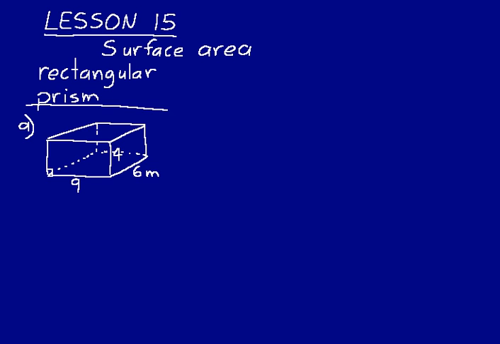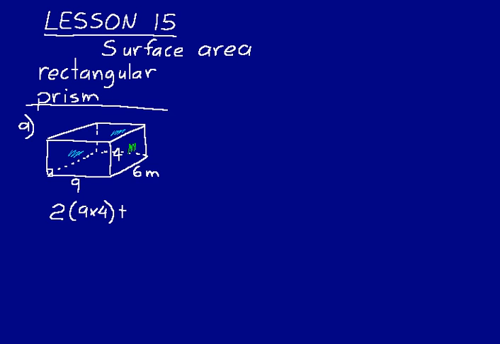For example, this front face here, I'll put a blue mark on there, and the back face, those both have the same area, and they both have an area of 9 times 4. And so we can say 2, and then in parentheses, 9 times 4. And then to that, let's add another pair of faces. For example, let's do the left and the right faces.